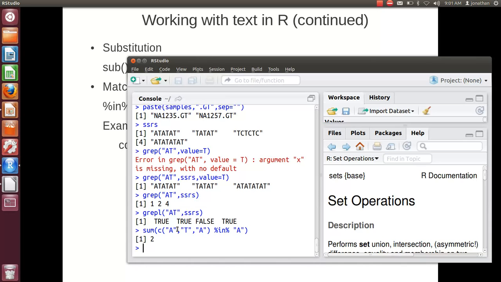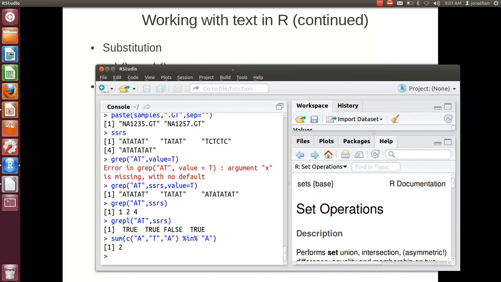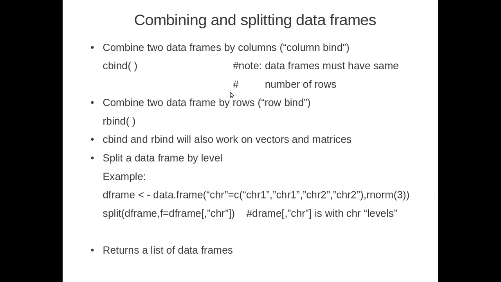So this returns a logical vector of TRUEs and FALSEs. Do they match this value here? And then we're summing the number of TRUEs using that interesting property of the sum function when you're working with sum on a logical vector. Okay, so anyway, play around with that a little bit. I'm just introducing you to a few different ways to work with character data.